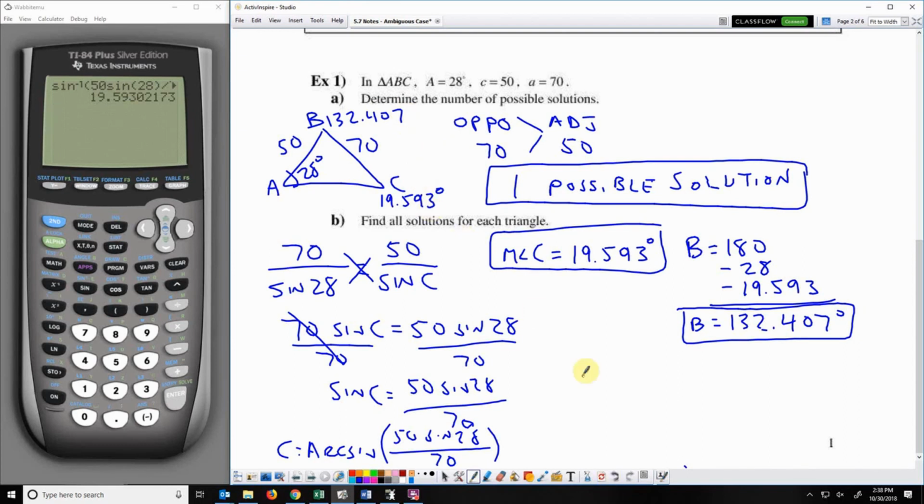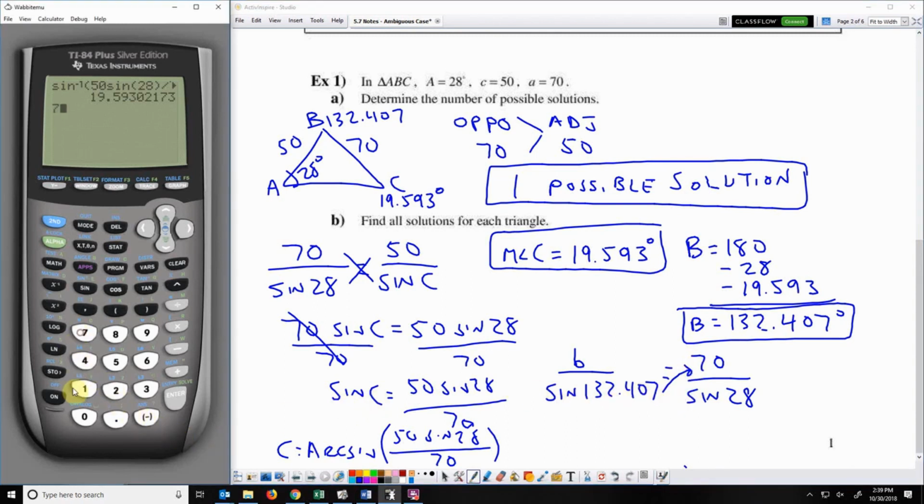So, in order to find side B, I do B over sine 132.407 equals, and I can use 50 over sine 19.593, but I think it's just going to be easier to type in the calculator if I use 70 over sine 28. So I just need to multiply this across.